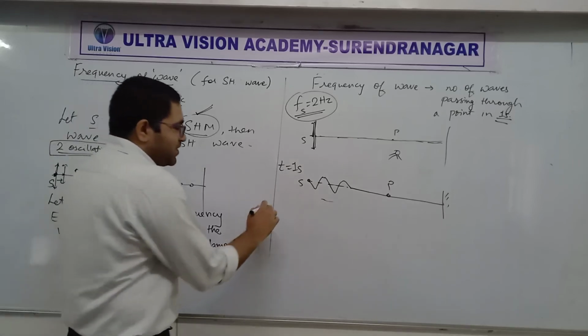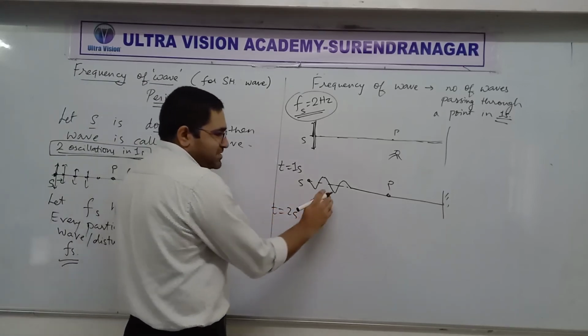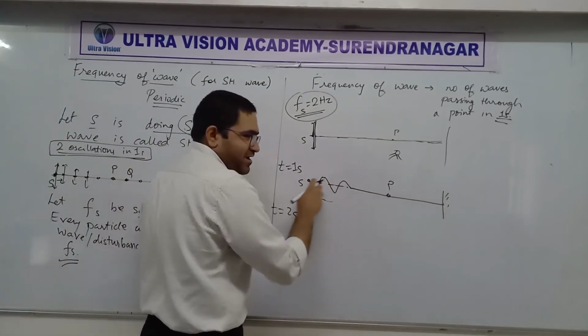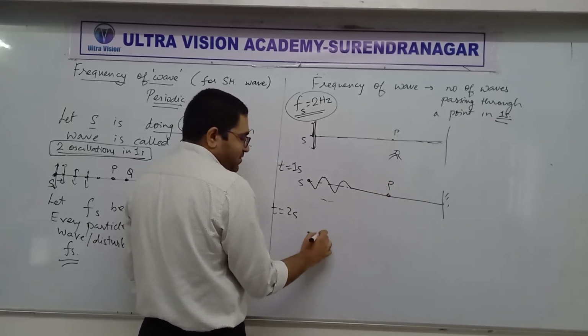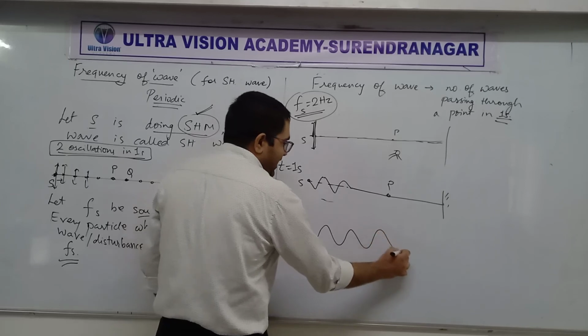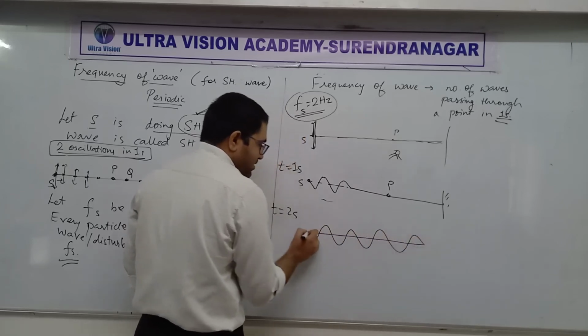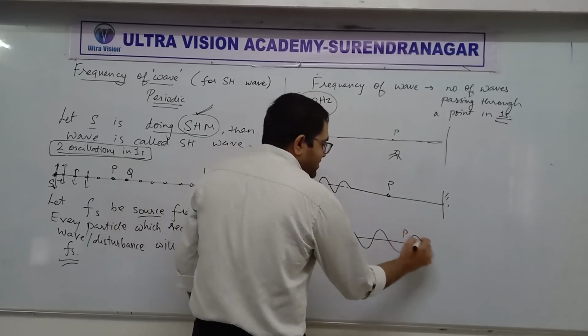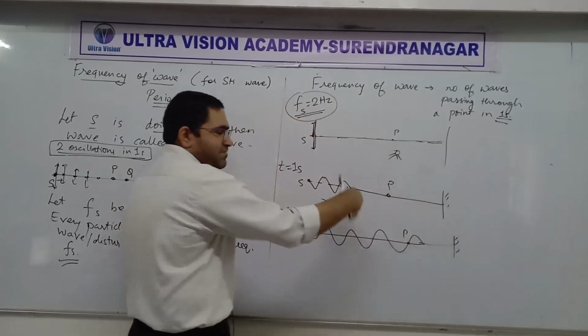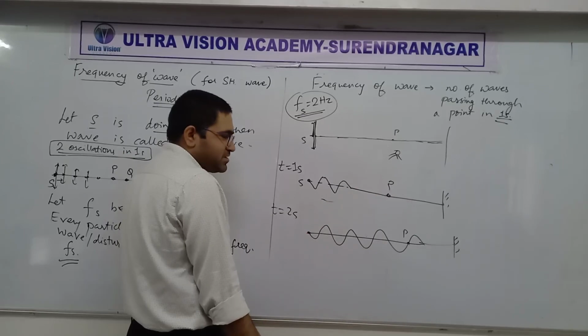Okay, so after 1 more second, what would happen is that this pattern would already have traveled forward, right? So now we would have it 2, 3 and 4 like this.